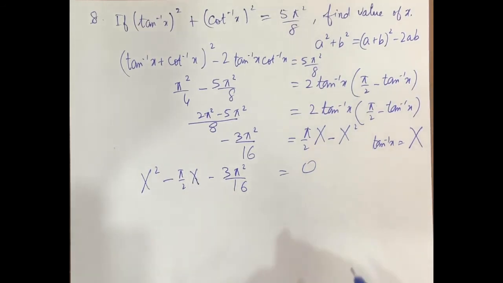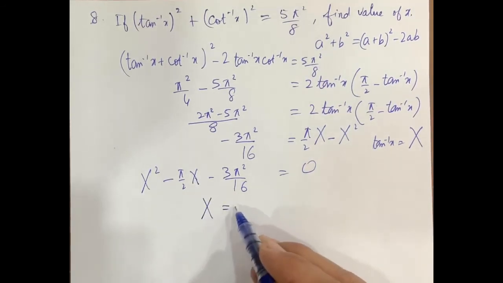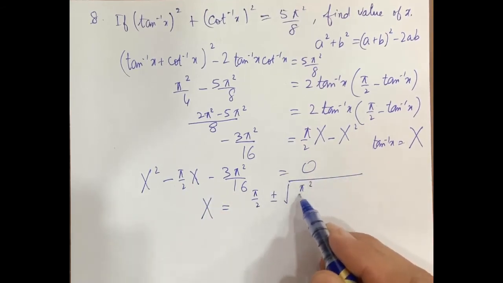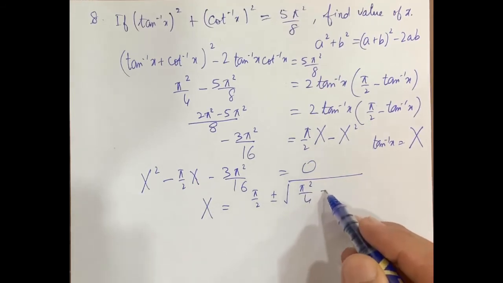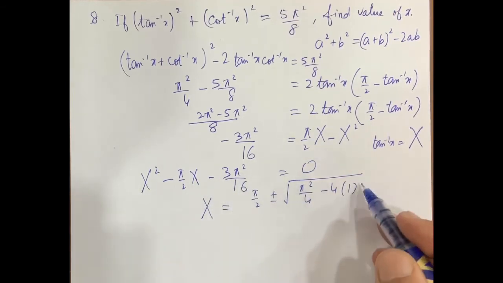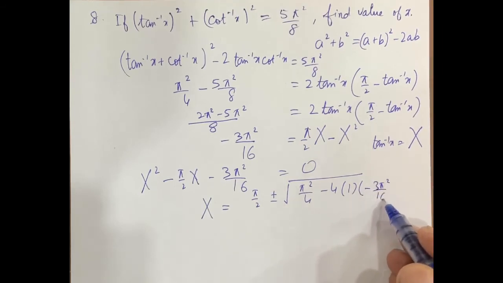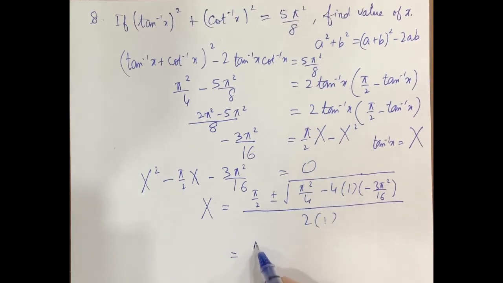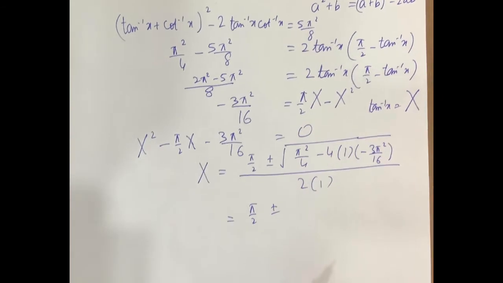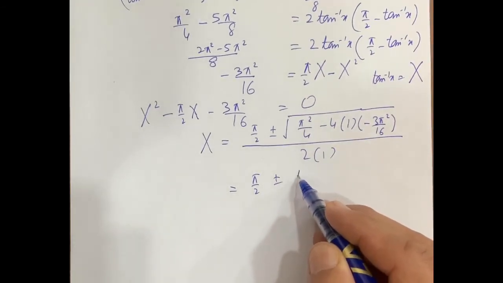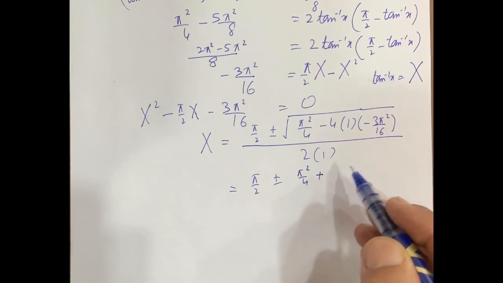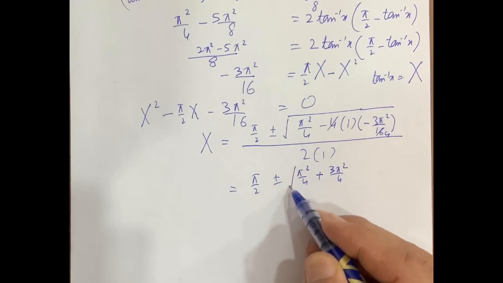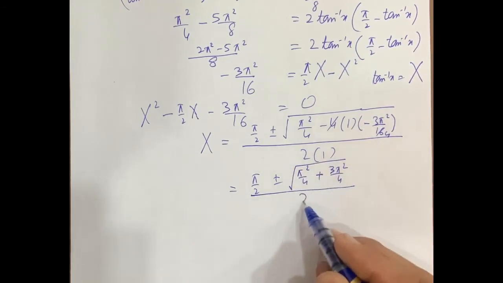Now solving for capital X using the quadratic formula, X is minus b, that's pi by 2, plus minus root of b square, pi square by 4, minus 4 into a which is 1, into c which is minus 3 pi square by 16, and whole divided by 2 into a, which is 1. This is pi by 2 plus minus, in the bracket we have pi square by 4 plus 3 pi square by 4, under the root, divided by 2.